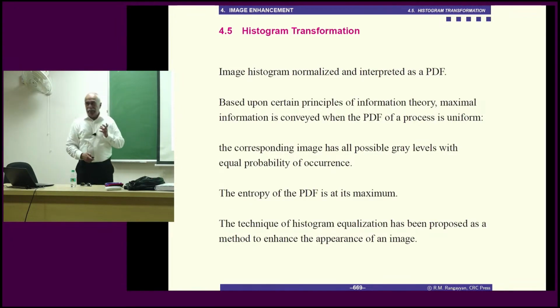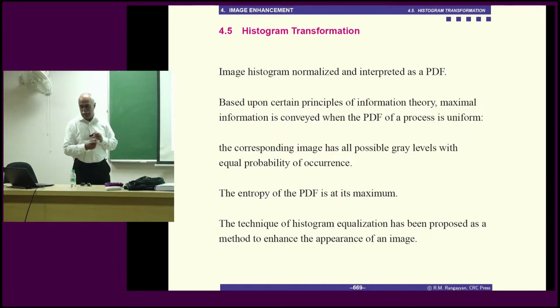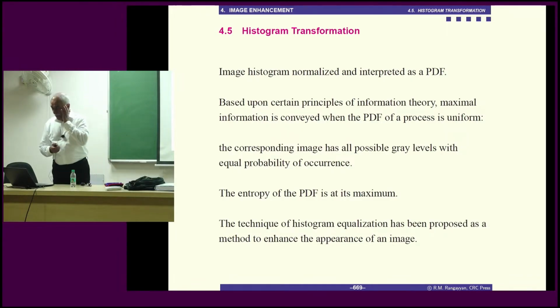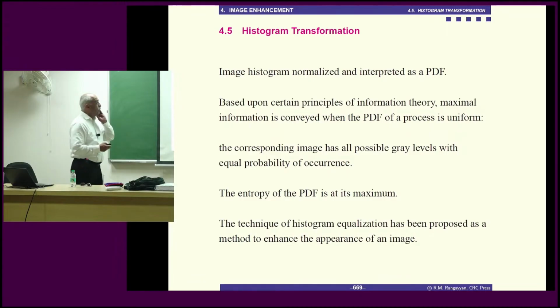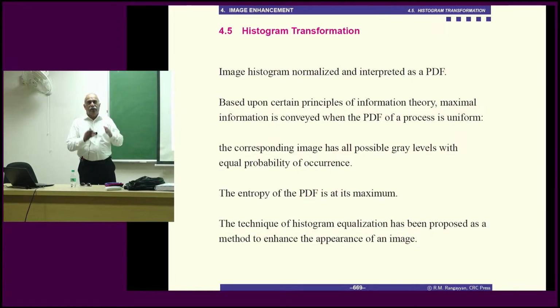Now, histogram-based techniques were popular. There are some limitations, but there are some interesting aspects. So we'll quickly go through a few histogram-based techniques. The image histogram is normalized and interpreted as a PDF, a probability density function. You only have one image, so you take its histogram, divide by the total number of pixels, and call that a PDF.